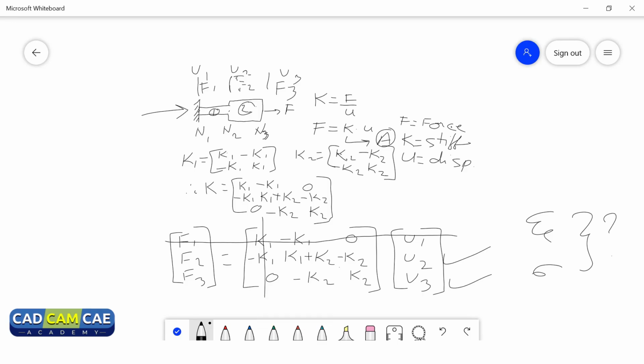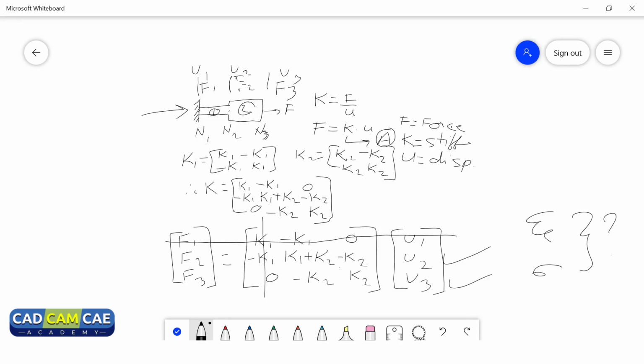What we did: first we divided our problem into two elements. This is very basic, so I'm explaining it as a basic example, which has three nodes n1, n2, n3. Two elements are there, so for each element we will have stiffness.